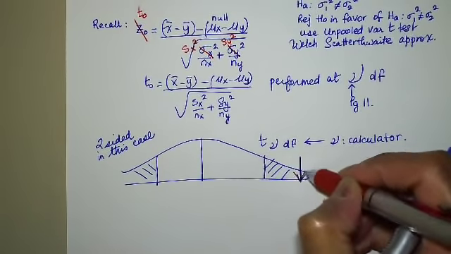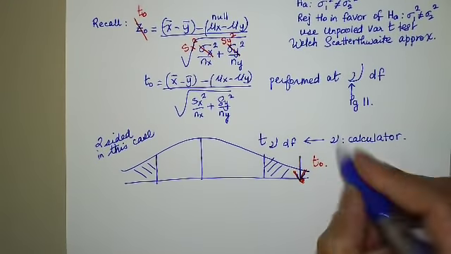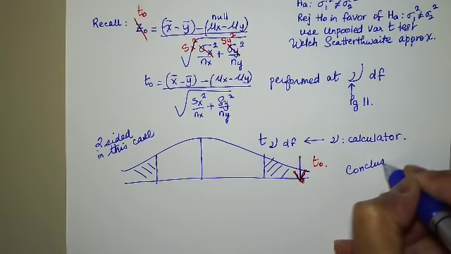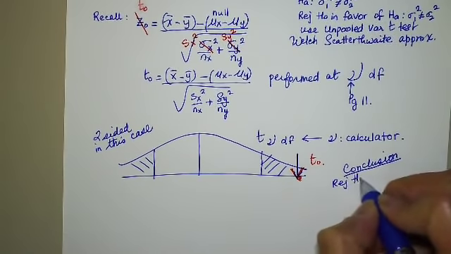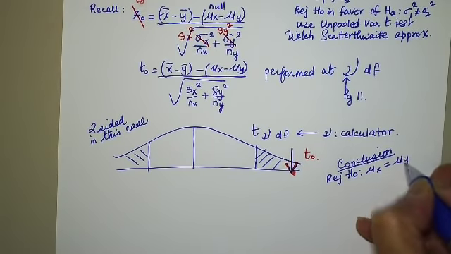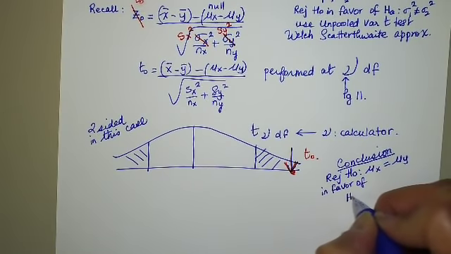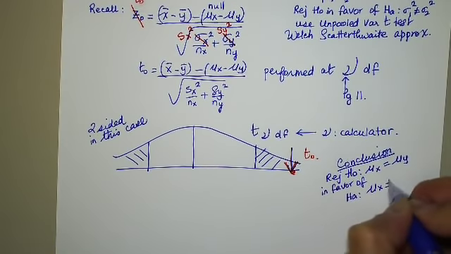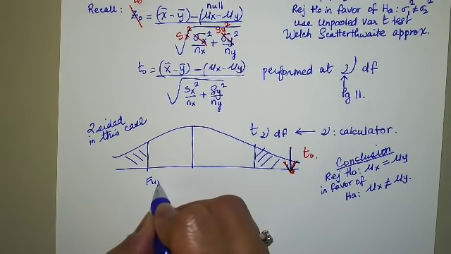Let's say the T naught fell here. So my conclusion then would be reject H naught, that mu x equals mu y, in favor of HA, which says mu x not equal to mu y.